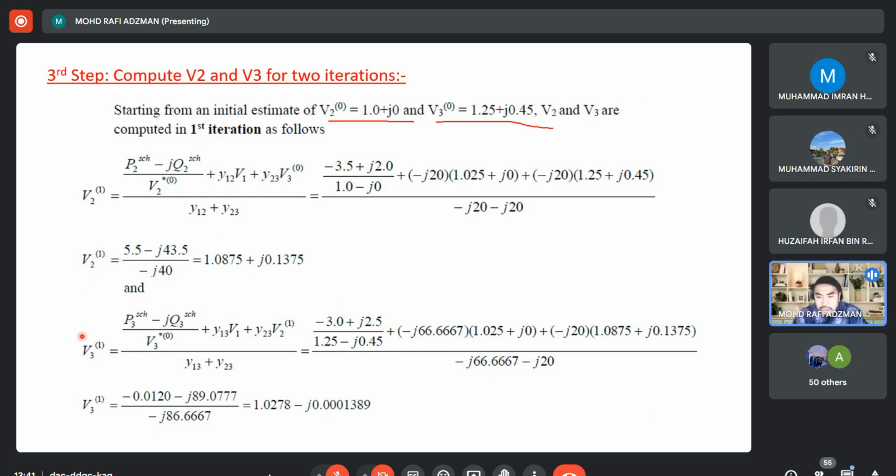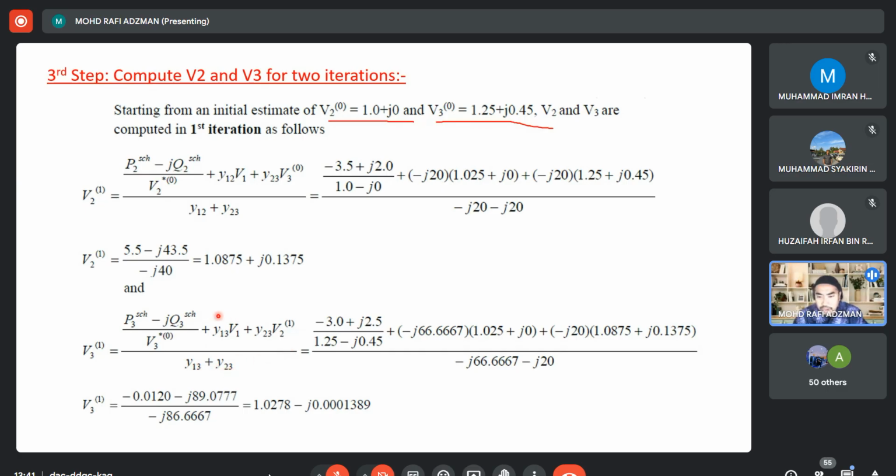Then once you get this value, you continue with V3, bus number 3. So V31 equal to P3 schedule minus JQ3 schedule divided by V30 conjugate plus Y13 times V1 plus Y23 times V2 first iteration. So first iteration, you got it from here. You move to here, divided by Y13 plus Y23.